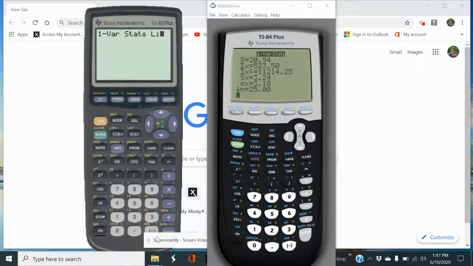I've got to separate these two with a comma, and there's a comma key right there. My frequencies are in list 3. Second function, hit the 3 key and hit enter, and you can see the values are spot on. There's your mean, 20.94. And if I was interested in the standard deviation, 3.24 would be it.